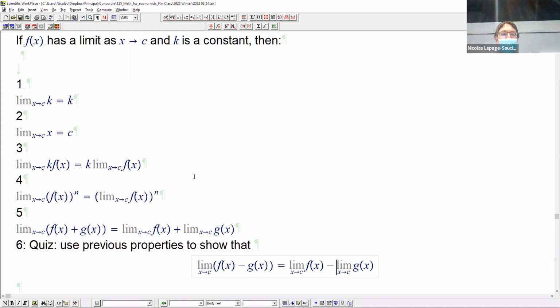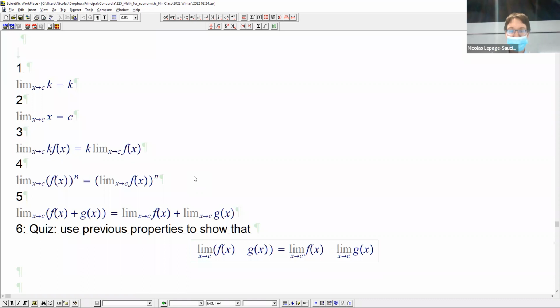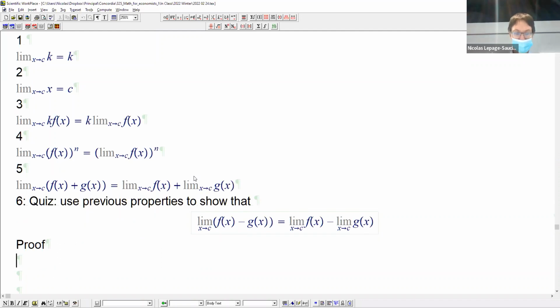Okay, so what previous properties would I need for that? Which ones? 3 and 5. Yeah, awesome, 3 and 5. So let's change this. This is equal to simply rewriting it in a very simple way: plus, and then what I have here is a scalar multiplication by a scalar, which is minus 1.